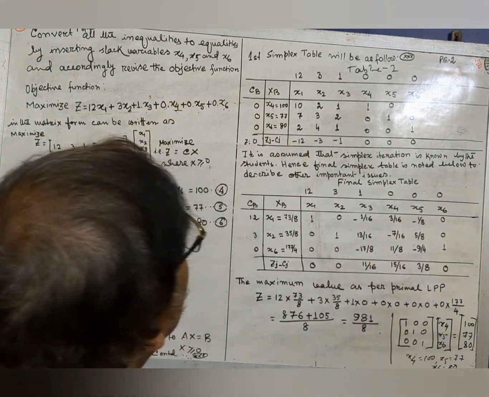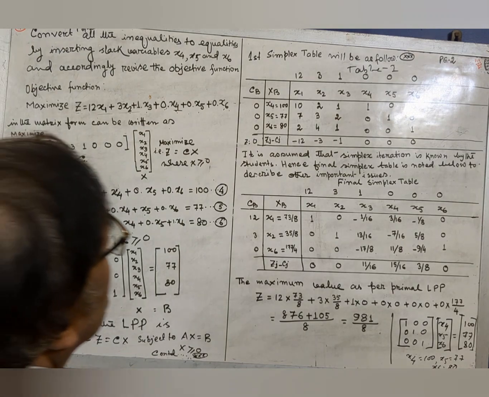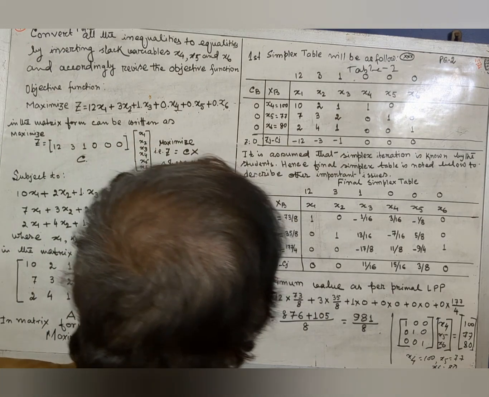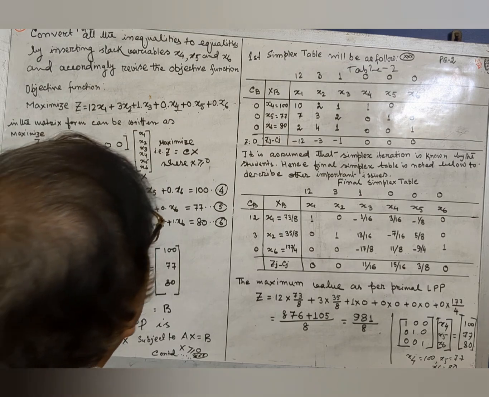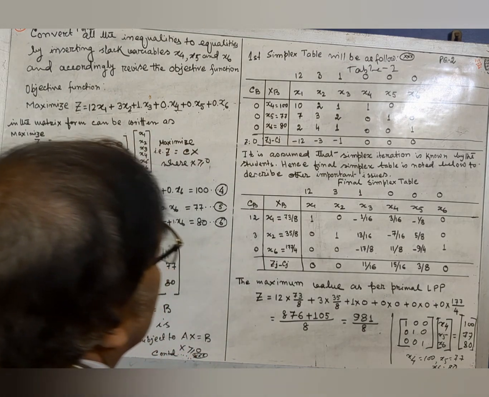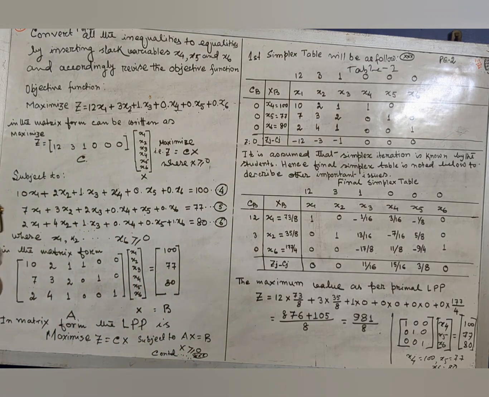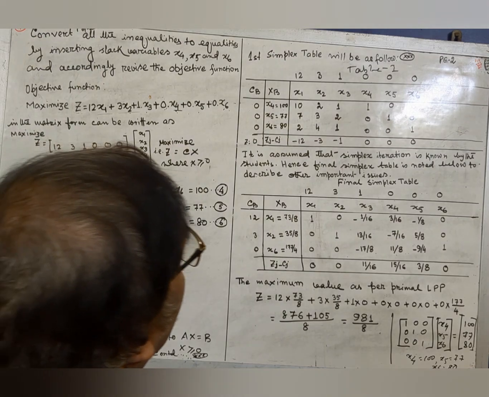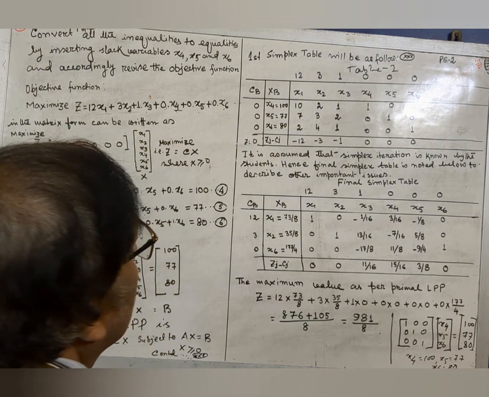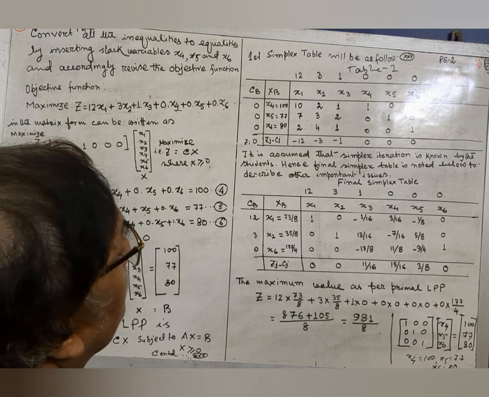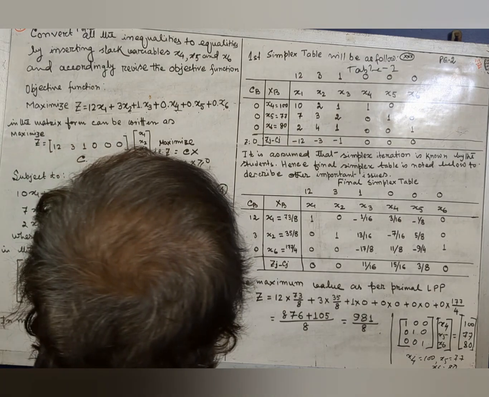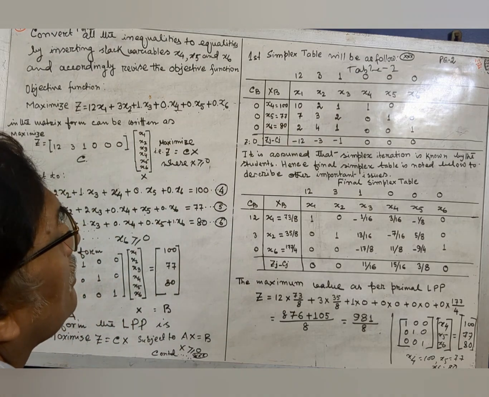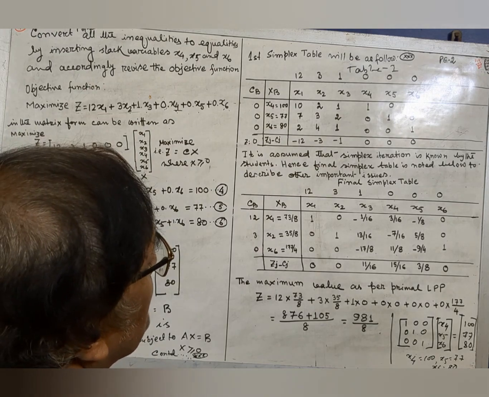I am not going to show the detailed process for solving the simplex problem, because our main purpose is to show how you will get the solution of the dual from the primal itself, and also to get the concept of shadow price.